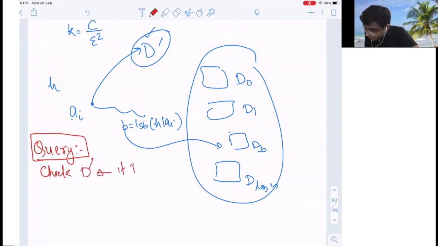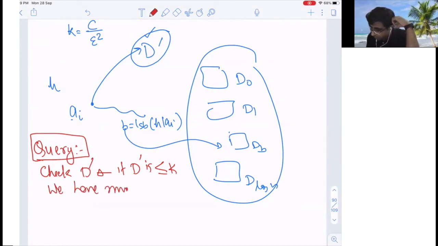If D prime is less than K, then we will just output exactly whatever we wished. Otherwise, suppose we have more than C over epsilon squared elements.